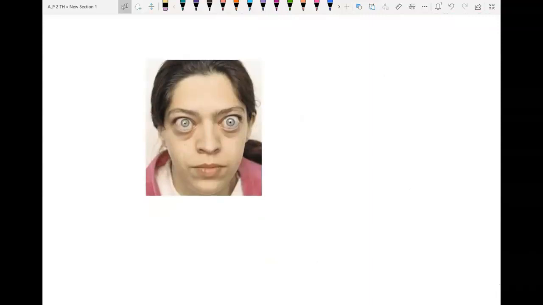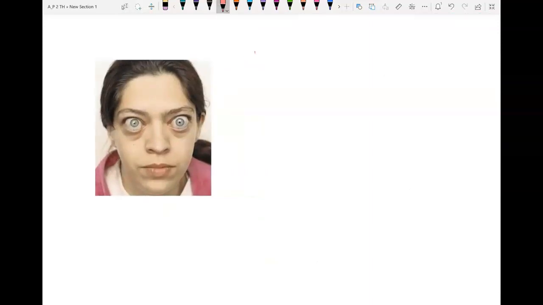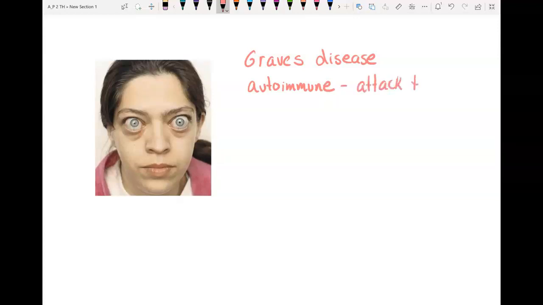One more extreme is Graves' disease. This is when you have an autoimmune disease. So autoimmune is when your immune system attacks yourself. So you attack your own thyroid gland. And the attack makes the thyroid gland produce too much thyroid hormone. So you get hyperthyroidism.